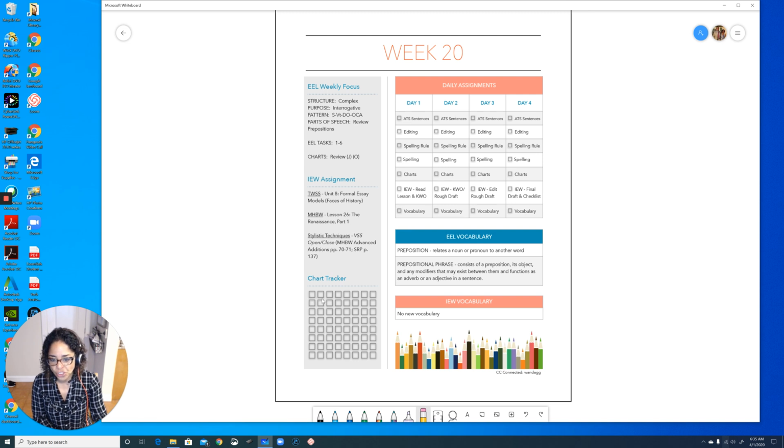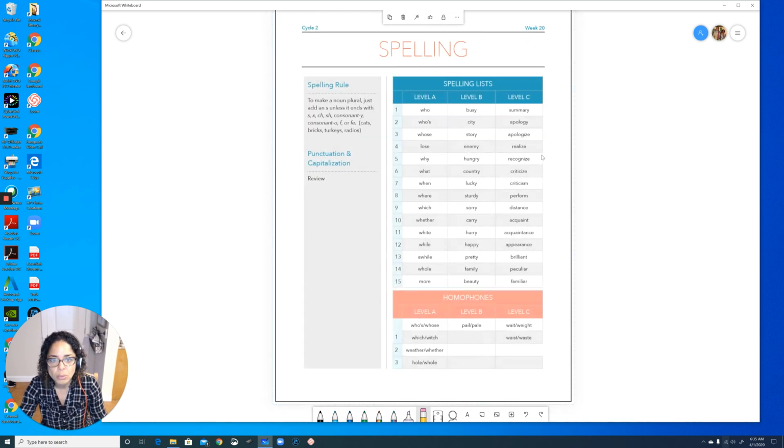And you can actually check off the charts. You can write the charts in here and check off how many times your kids practice them and things like that. So if I'm going to move on to the next page, I think if I delete this page, we can go to the next one. Okay, then there's the spelling list that the guide gives you. They actually list them so nicely so you can drill the kids with their spelling. They have this week's rule here, punctuation and capitalization.